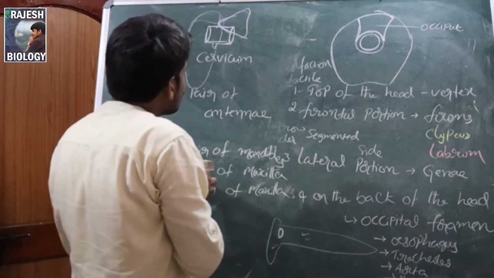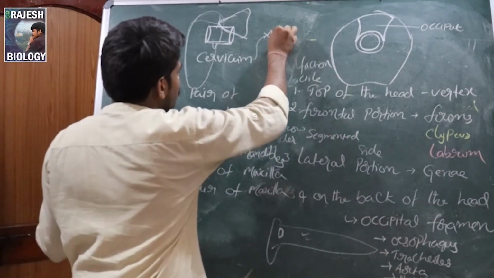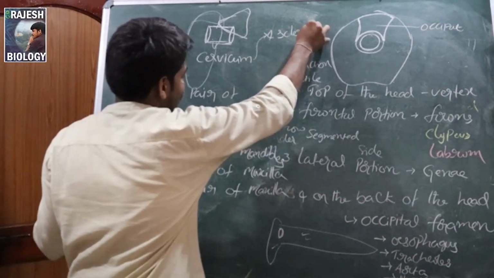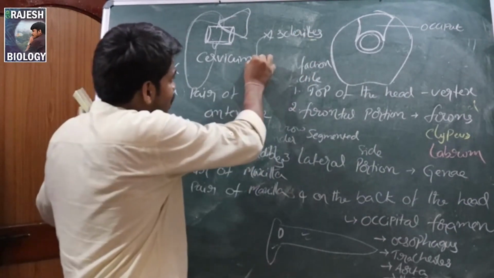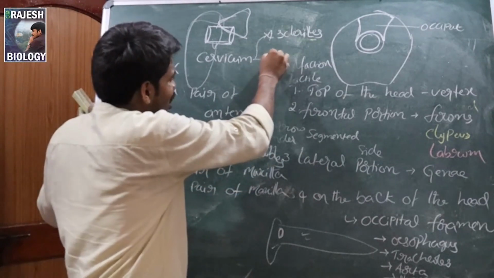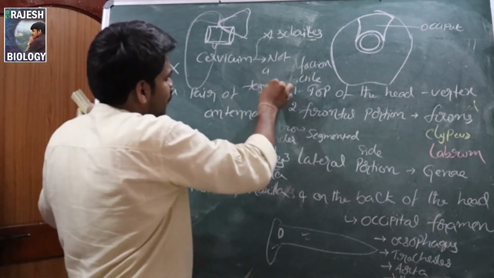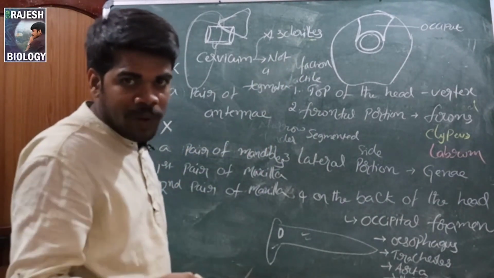Another most important point about the cervicum is that it is formed by 4 sclerites. 4 cervical sclerites together form the neck. And not only that, another important point, it is not a tagma. There are only 3 tagmata: head, thorax, abdomen.